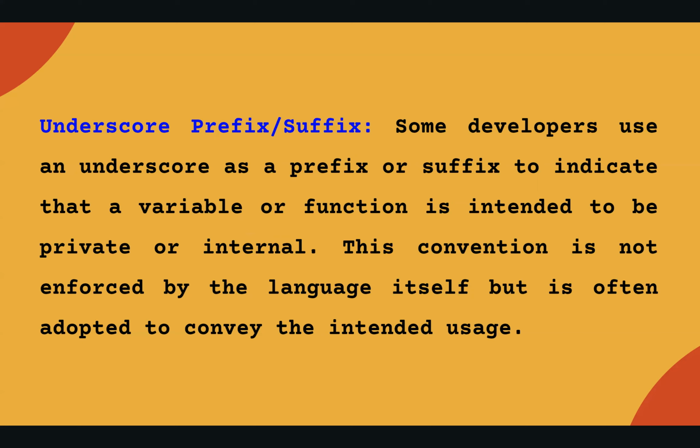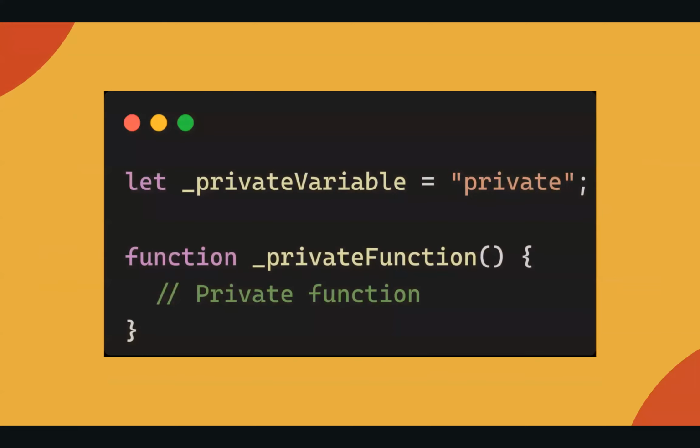So it is a kind of better practice. You see, let _privateVariable is called private. Let function _privateFunction is called a private function. So whenever you put an underscore, people will understand that it's a private function, that it has restricted access, something like that. It just makes some uniqueness in your coding standards.